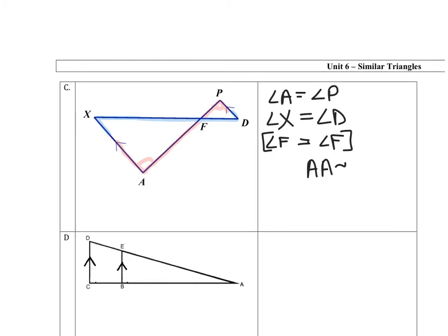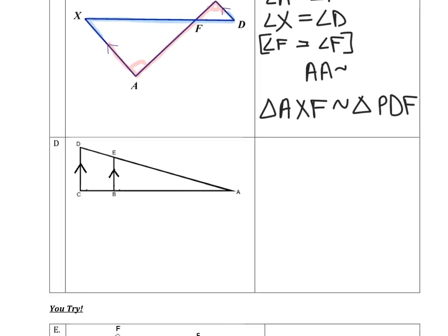Okay, so my statement is going to be triangle AXF is similar to triangle PDF. I think the angle proofs are the best ones, because it's the easiest to write your similarity statements from, just because you already see what angles are matching using your angle properties.